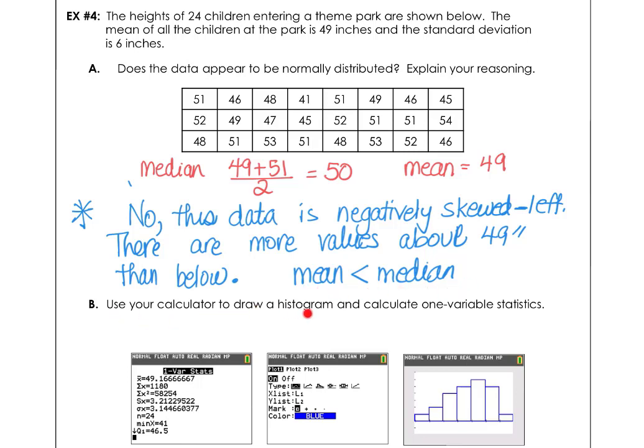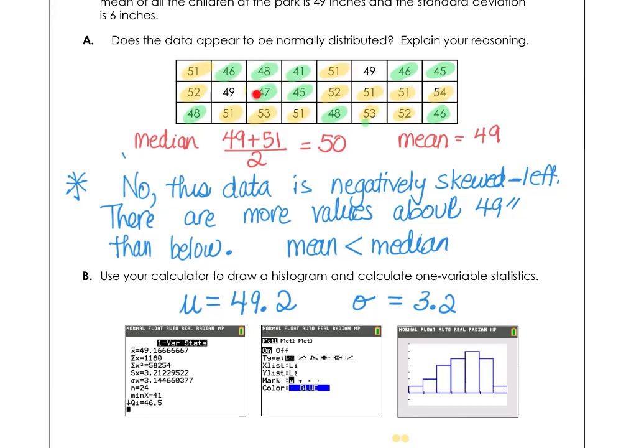And using a calculator to draw a histogram and calculate the one-variable statistics, we found that the mean was 49.2 and the standard deviation was 3.2. And here you can see I had 12 data points above and 10 data points below, to help you clarify that.